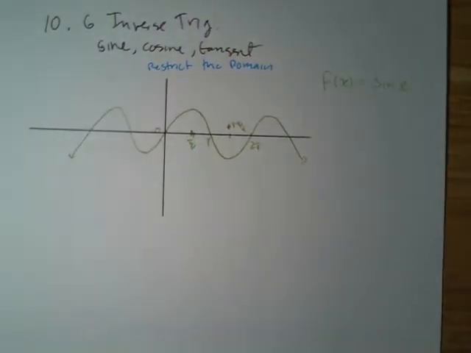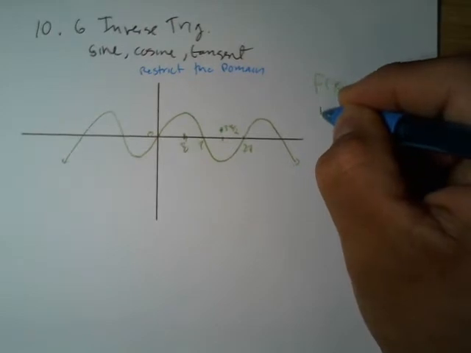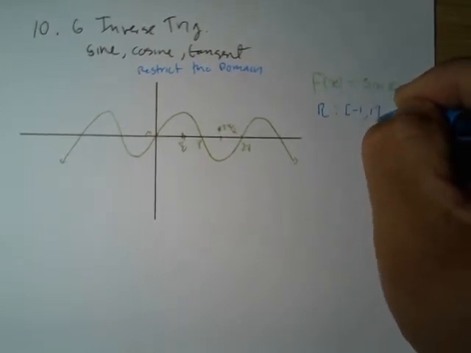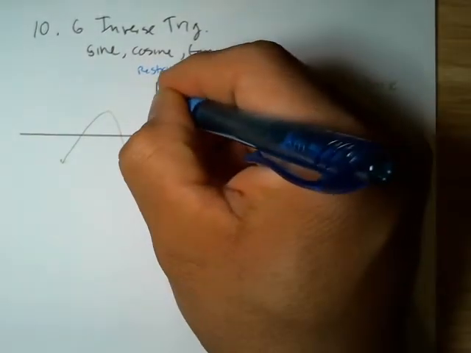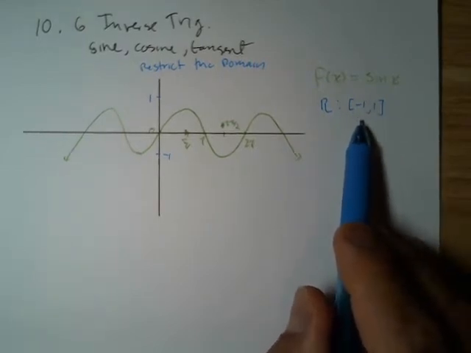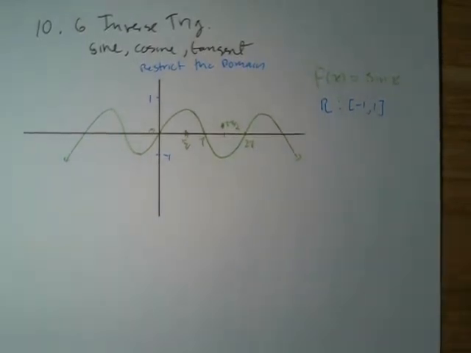Now we know for our sine function that the range is from -1 to 1. The domain is all real numbers, but I want to restrict the domain in such a way that it achieves all the values in the range, but it is also 1-to-1.